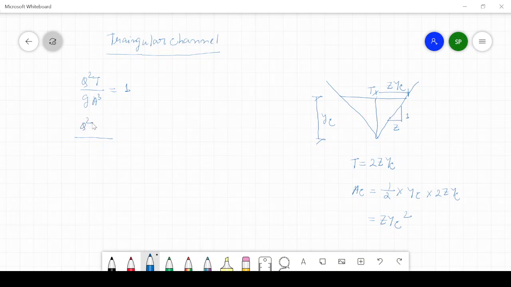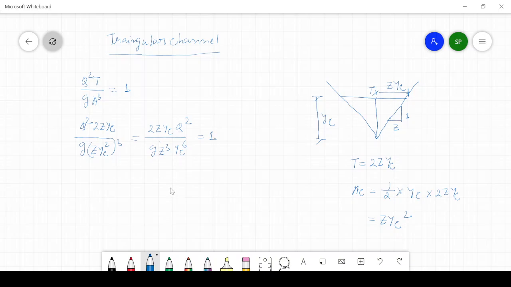Q square T by g A cube is equal to 1. So 2zyc into Q square by g into z cube yc to the power 6 is equal to 1.